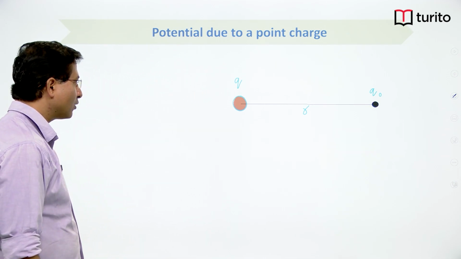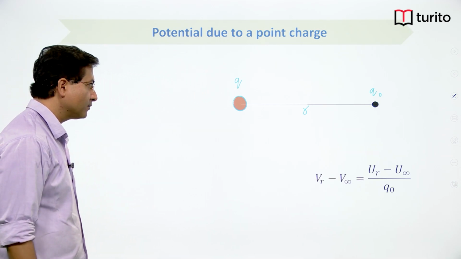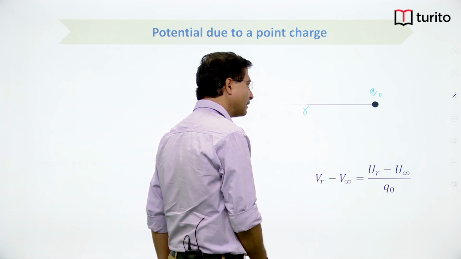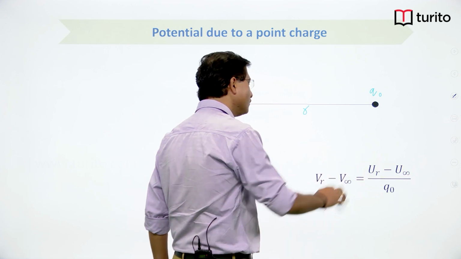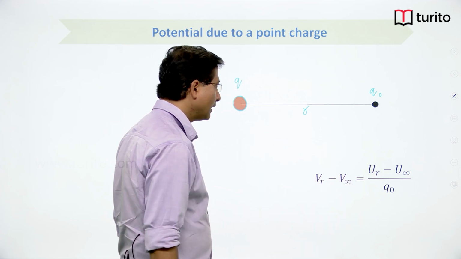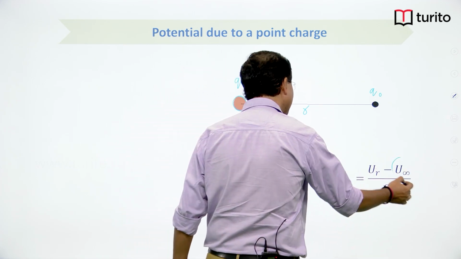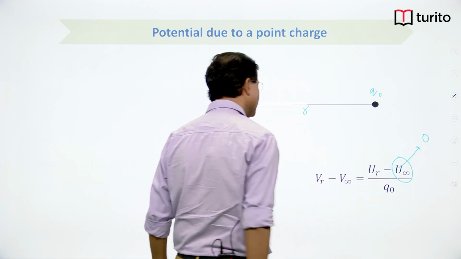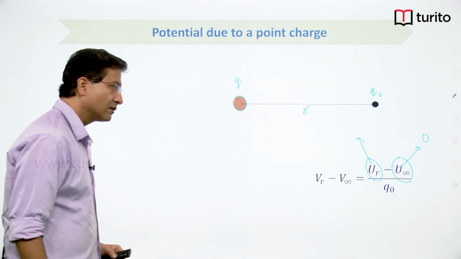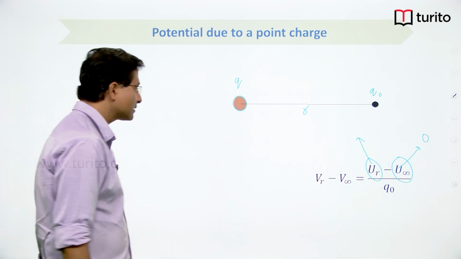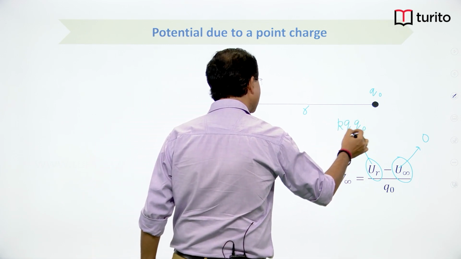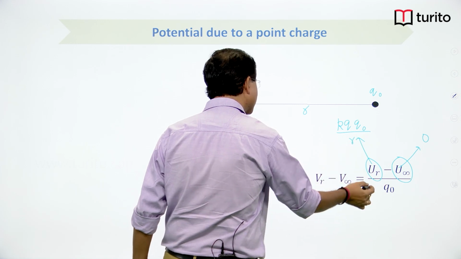So according to the definition, the potential difference between r and infinity is the change in the potential energy when you are moving the test charge from r to infinity per unit test charge, and this we take as reference, this is 0, and the potential energy associated with this system at this particular moment is K Q Q naught divided by R. So I will substitute this value here.